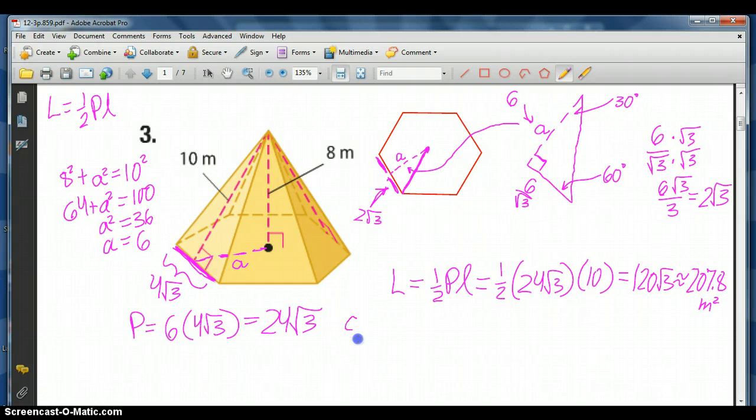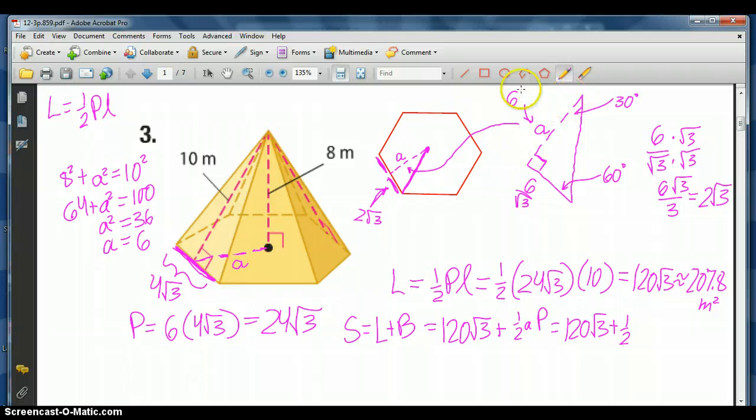Now, we also want to find the surface area. So the surface area is the lateral area plus the area of the base. Our lateral area is 120 square root of 3 plus the area of the base. We have to use the formula for the area of a regular polygon, which is half of the apothem times the perimeter. Our apothem, once again, was 6, and our perimeter is 24 square root of 3.